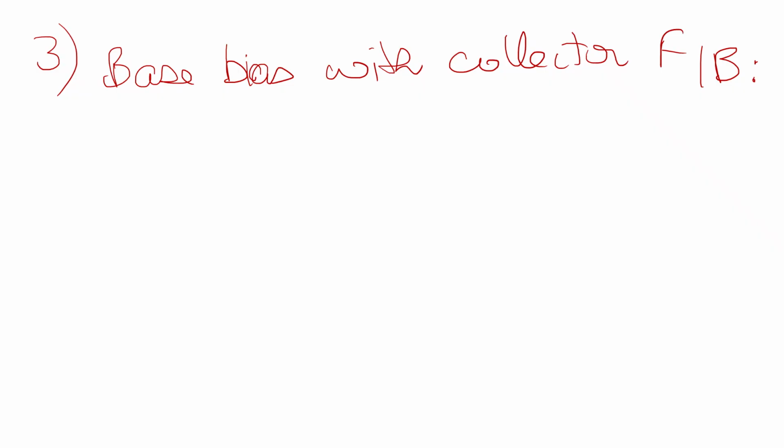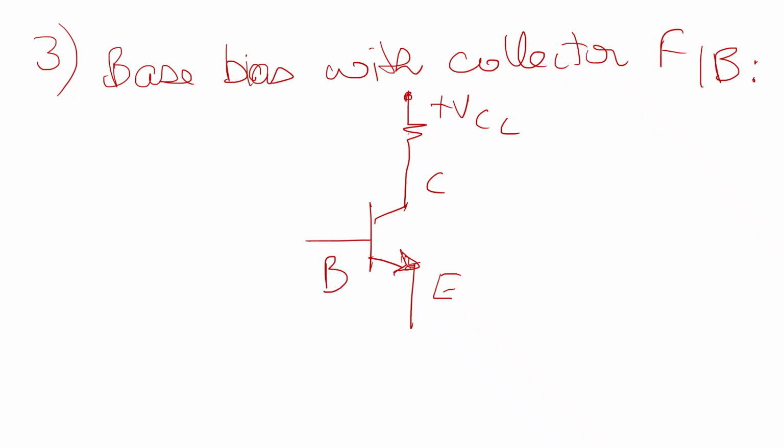We have a collector terminal, and a resistor is connected to the collector terminal, which will behave as a feedback resistor. So we'll try to complete the biasing circuit of collector, emitter and base.